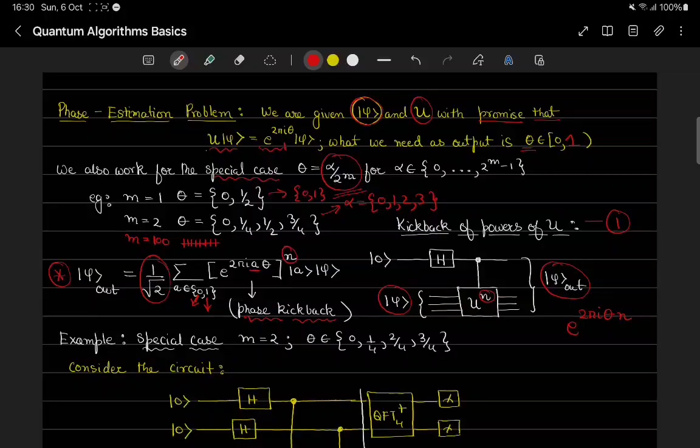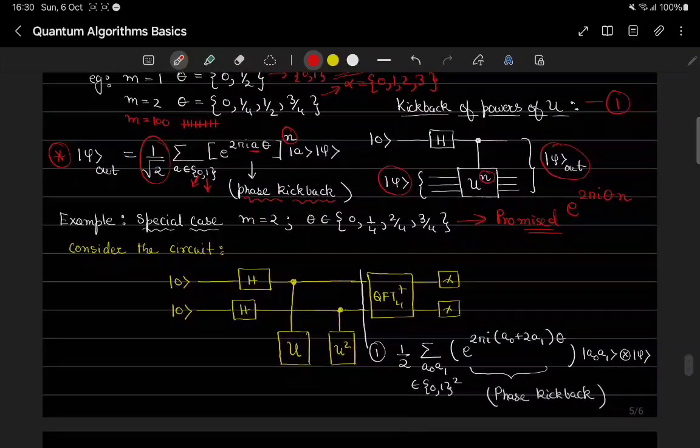Now we will look at the special case, which is basically the 2 qubit phase estimation problem. For m equal to 2, theta belongs to 0, 1 by 4, 2 by 4, 3 by 4. This is, for example, promised. So we have to determine what the theta is. Here we have the circuit.